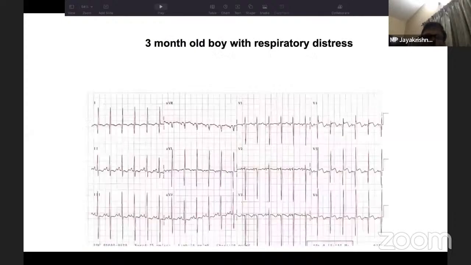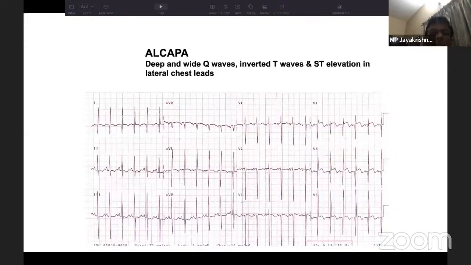Consider a myocardial problem. This one, a 3-month-old baby with respiratory distress. I'll go to the answer straight away, because for any 3-month-old with respiratory distress, possible CCF, especially if there is a history suggestive of frequent episodes of anginal pain, like an irritable child crying all the time, we will consider this possibility, because it is a treatable condition: anomalous left coronary artery from pulmonary artery.